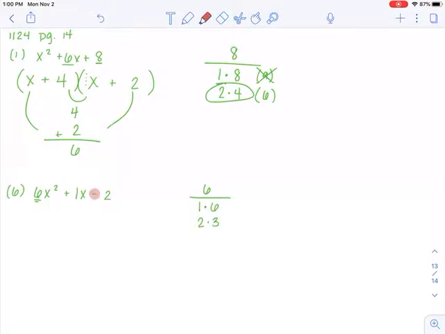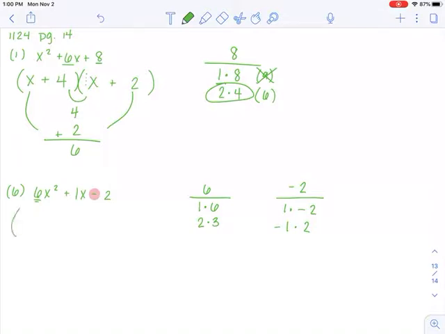Notice that our sign for the 2 is negative, so we're going to look at factors of negative 2. Obviously, I have 1 times negative 2, or negative 1 times 2. I can choose either one of those. It does make a difference which one is positive versus negative, because when you do your FOIL later on to check yourself, you'll see how they cancel out differently if the signs are off.